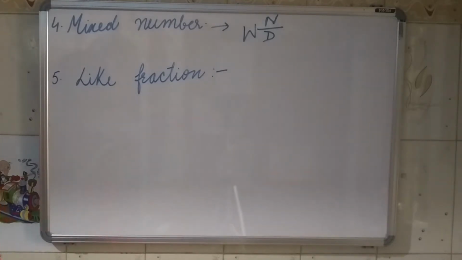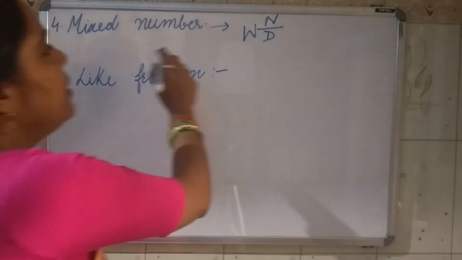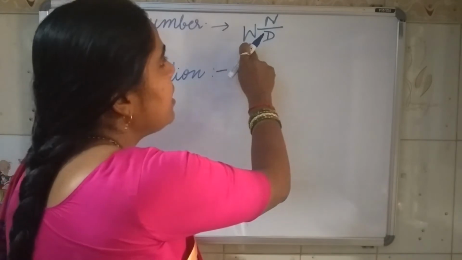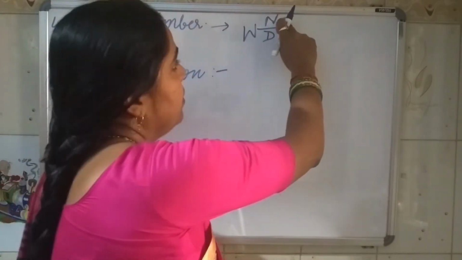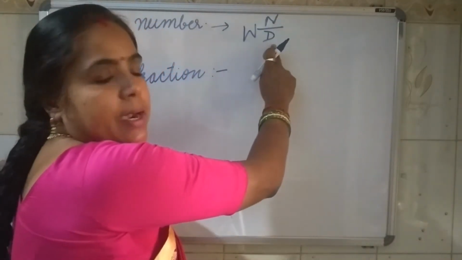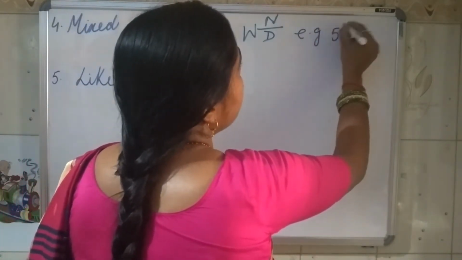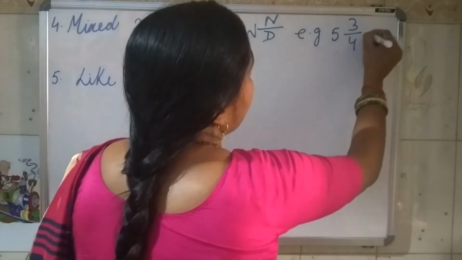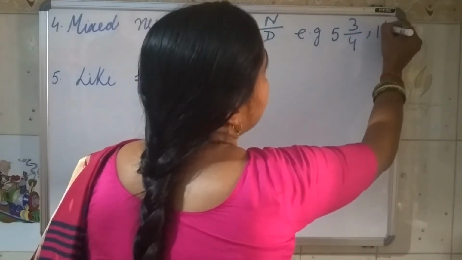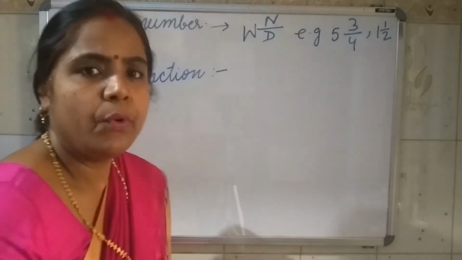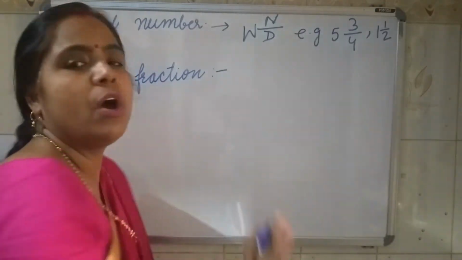So what is this mixed number? This mixed number is a combination of whole number and fractional number. Fractional number means numerator upon denominator. The examples I have given are 5 whole 3 by 4 or 1 whole 1 by 2, any one. So these all are examples of mixed number.